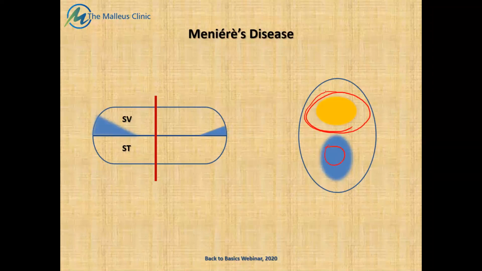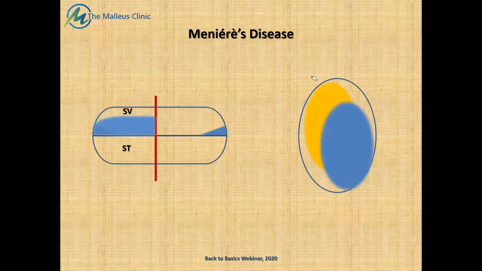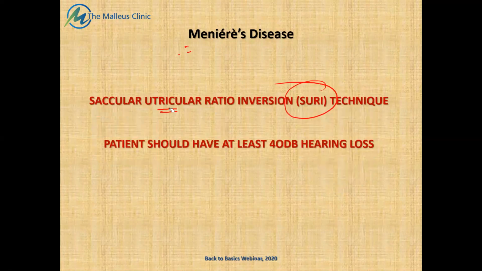But in spite of that, the involvement of the entire vestibular compartment would be more compared to a normal patient. So this is called the SURI technique, or the saccular utricular ratio inversion technique. And it is also being mentioned that this is usually the case when the hearing loss in the patient has exceeded 40 decibels.